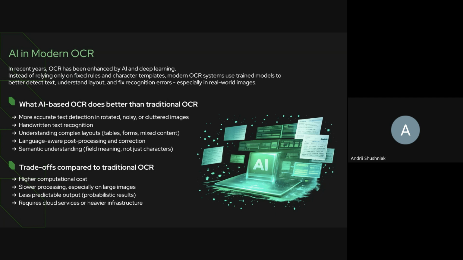It takes more time than the client side, because especially on the larger images, you win in the quality of the scan, but yeah, you will pay something in the processing time. Less predictable output, like I mentioned, like in any other AI solution, the results can be different, maybe not that much, but still they are not the same.